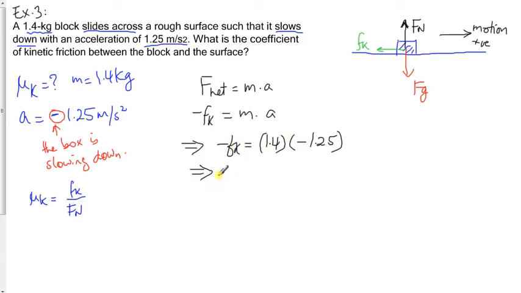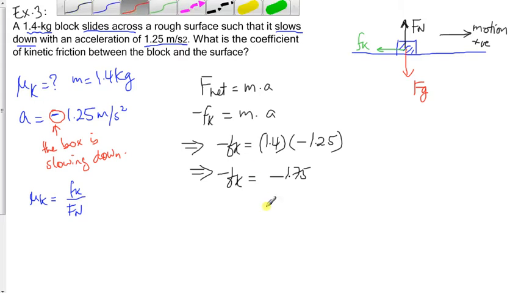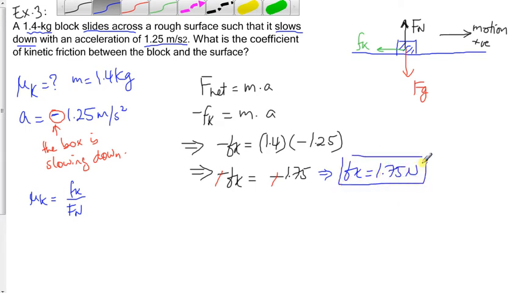So minus Fk is equal to minus 1.75. This minus cancels with this minus if we divide by minus 1 both sides. So Fk is 1.75 Newton.